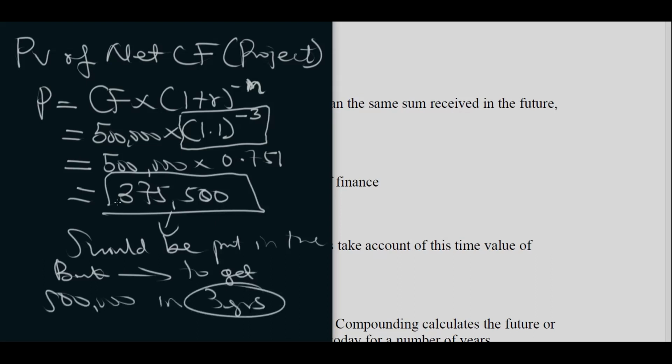You see, so you should have put 375,500 into the bank to get 500,000. But the person said only invest what? 100,000 today to get this same 500,000.